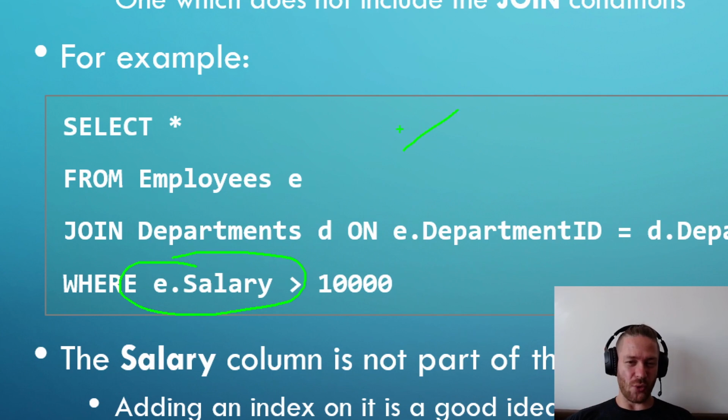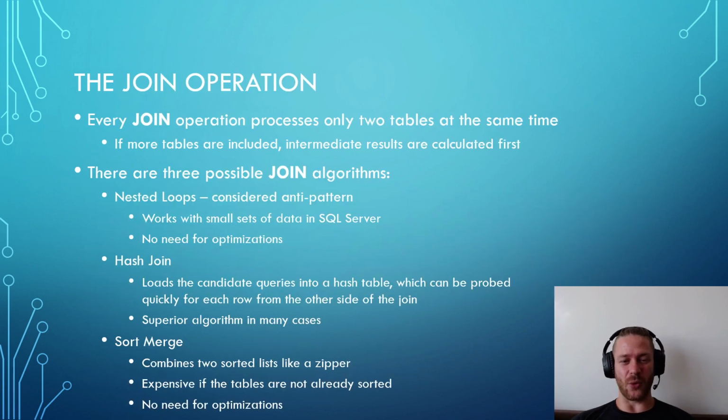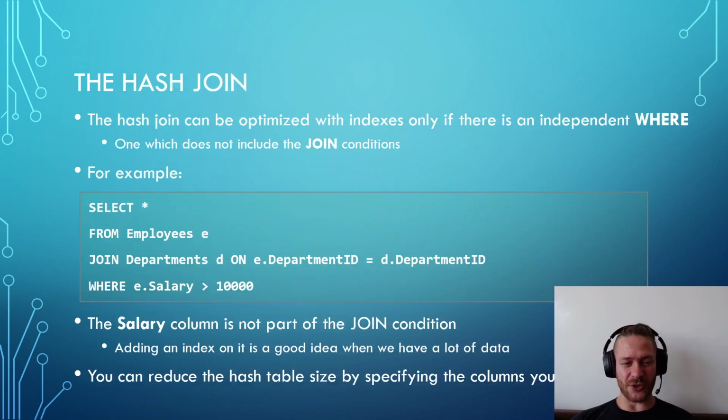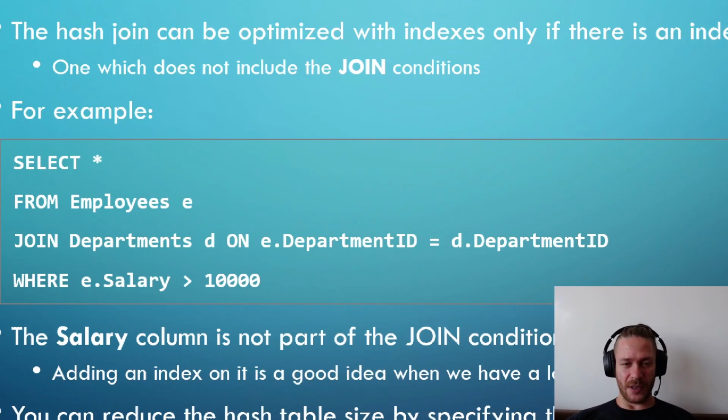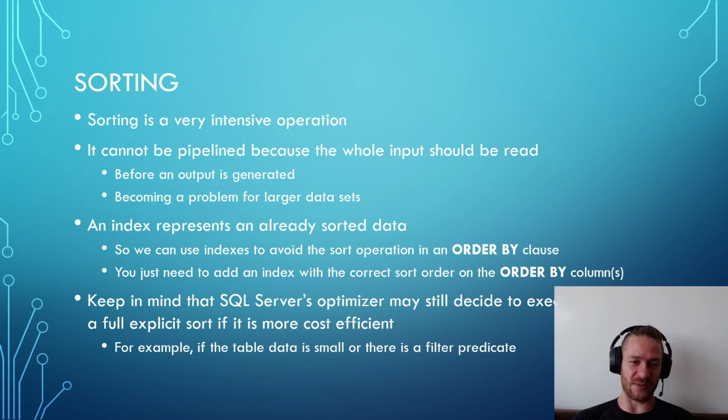So in this query, an index on the salary column is a good idea if I have a lot of entries in my database and the query is slow. And for sorting, if the join condition is part of foreign keys or primary keys only, then you don't need to do anything about it. It's already sorted and it's already as fast as possible.